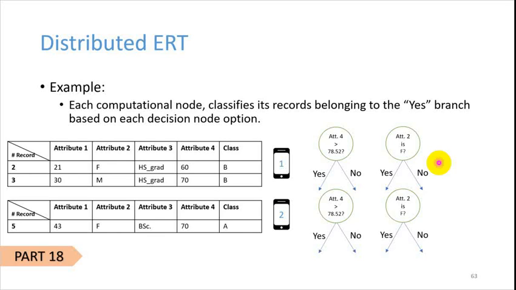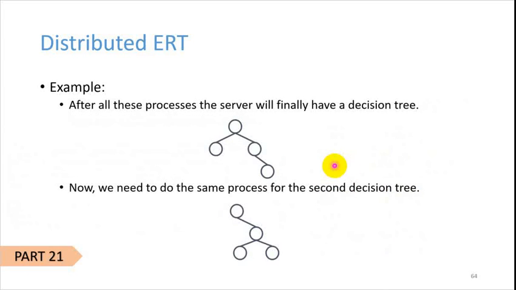And we do the process until the end of the tree. After these processes, we will have one decision tree, and this would be our decision tree one. Since we selected to have two decision trees for our classifier, we need to do the same process from the beginning for another decision tree.